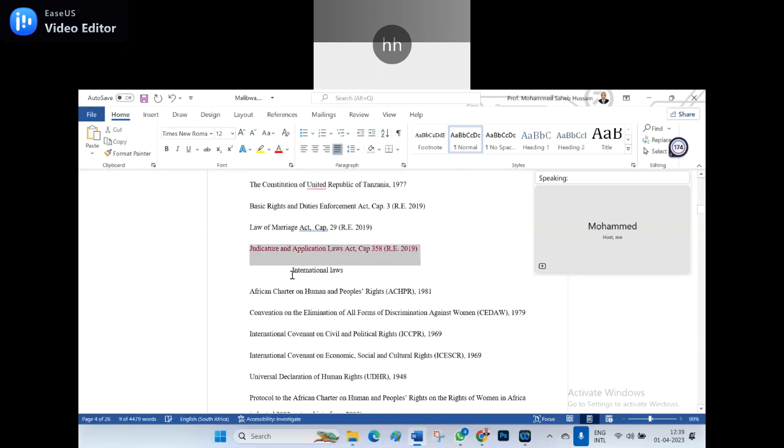And when you say the international law, drag it to the left-hand side completely. International laws. When you say international law, again you have to keep I in capital letter and L also in capital letter, because every word's first letter should be a capital letter except conjunctions, prepositions and articles.